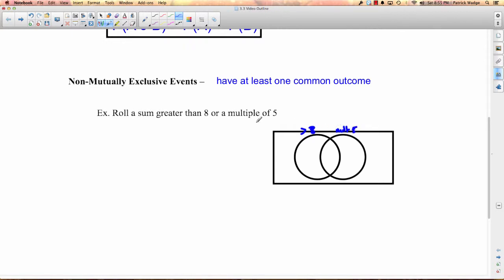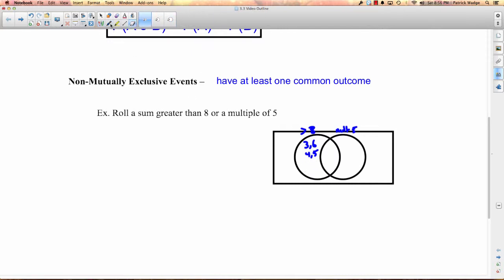So let's write down all the sums that are greater than 8. 1 and no, you can't do it, right? 1 and 6 is the biggest you can get, and that equals 7. 2 and 6, even that doesn't work because it has to be greater than 8. So 3 and 6 would work. 4 and 5 would work. 4 and 6 would also work. So that needs to move over into the overlap area.